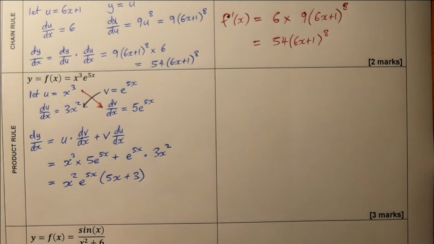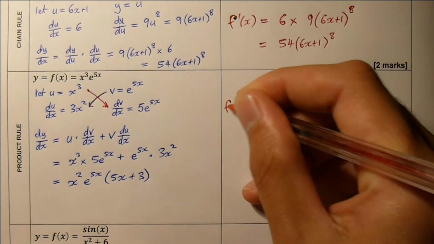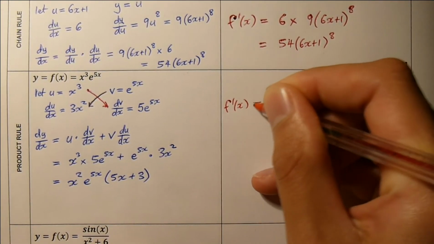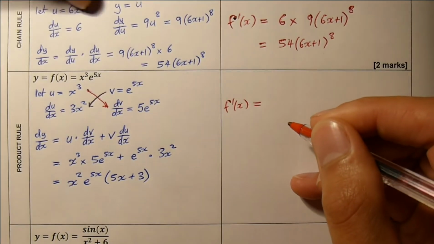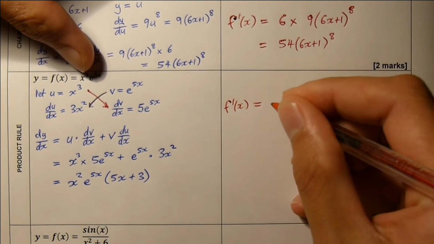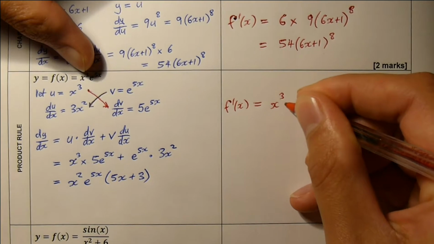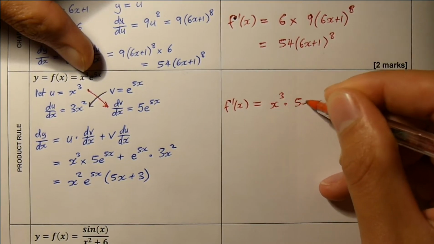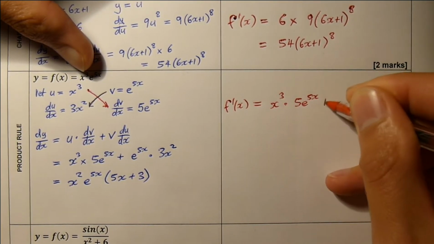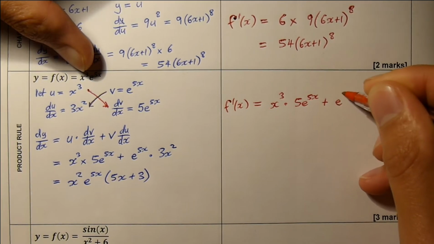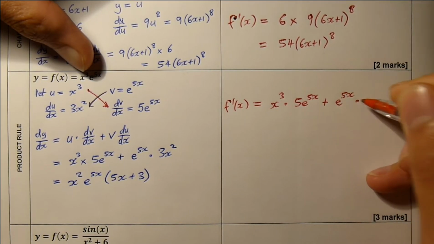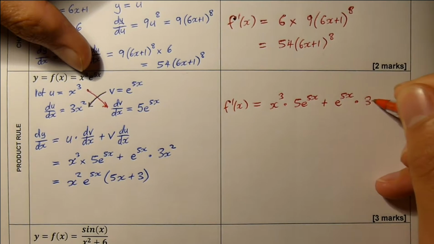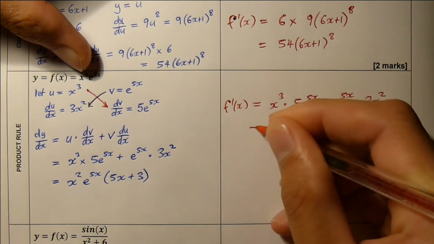So, applying that here, f dash of x is equal to first, which is x cubed, times the derivative of the second, 5e to the 5x, plus the second, e to the 5x, times the derivative of the first, 3x squared.